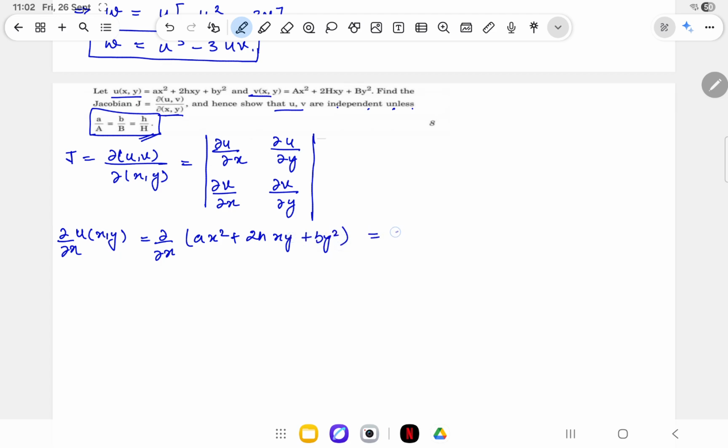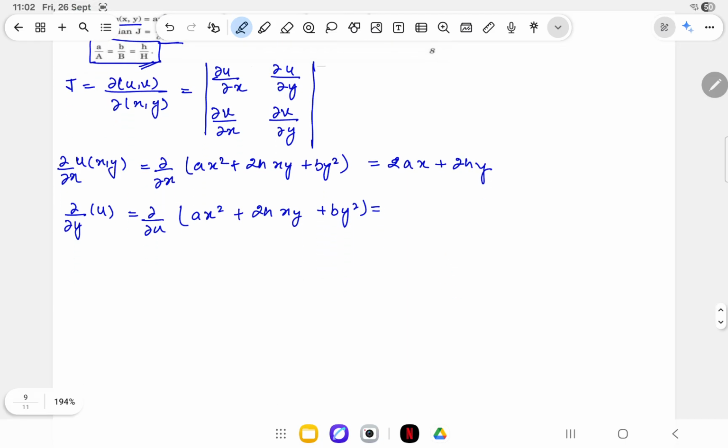So this basically gives us 2ax plus 2hy. Likewise, del by del y of u will be del by del y of ax square plus 2hxy plus by square, and it will be equal to 2hx plus 2by.